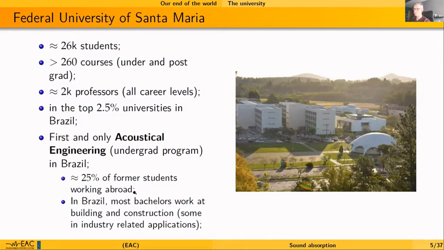And in Brazil, most of the people that came out of the course are working in building construction because of some new standardization that came in 2010 that forces buildings to comply with a certain level of sound insulation.